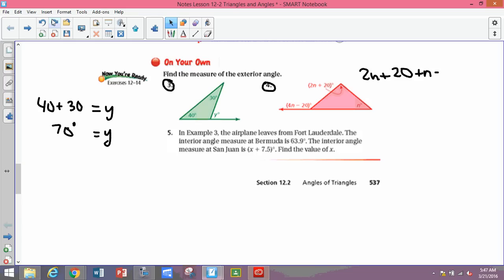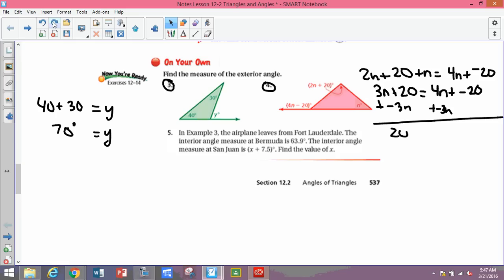Number 4 is 2n plus 20 plus n equals 4n minus 20, or 4n plus a negative 20. I use the additive inverse property right away. Then I combine my like terms, SAD. So I have 3n plus 20 equals 4n plus a negative 20. Then I'm going to subtract 3n from both sides because I always do the variable first, because the variable is most important, because that's what we're looking for.